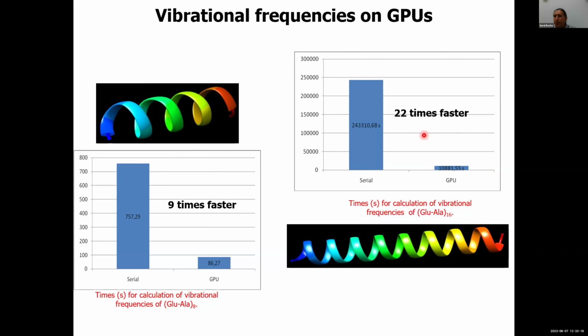The interesting point is the larger the molecule, the higher the speedup. It's a very interesting point. Obviously, we reach a limitation by the memory of GPUs. We have a situation where this type of condition is not true, okay?